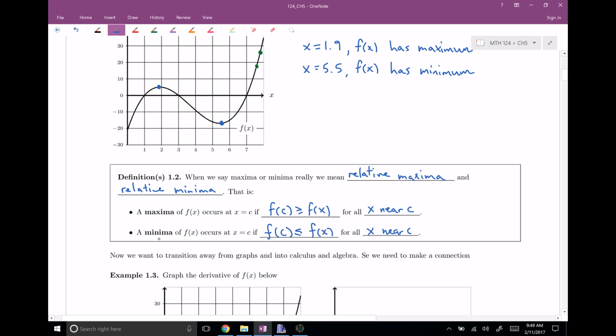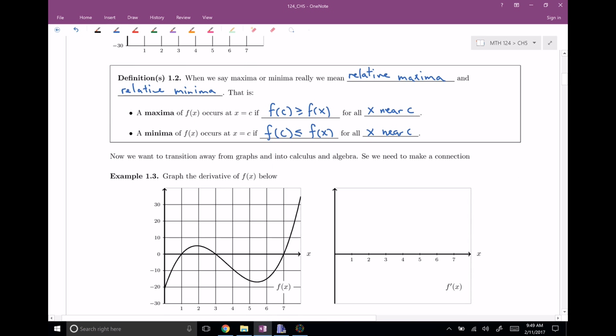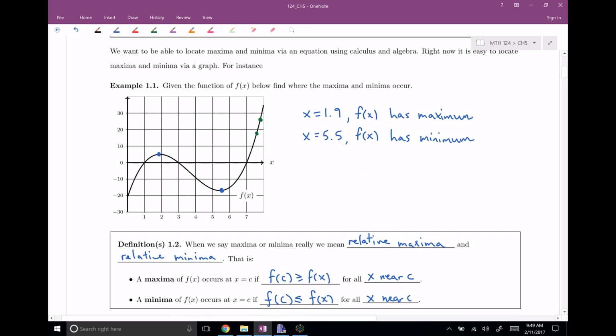Okay, so it's the smallest thing around, again, just near c. Later on it could be smaller, like over here for instance, but around this 5.5, this is the smallest thing. Now, again I said, if you're given a graph, finding minima or maxima is easy.